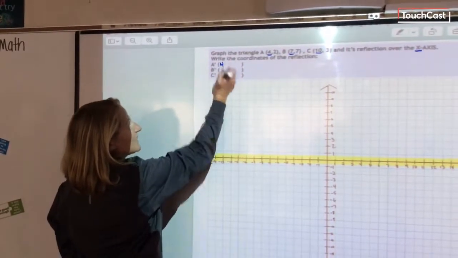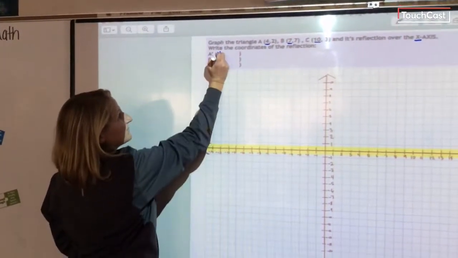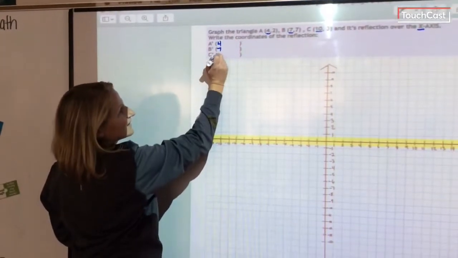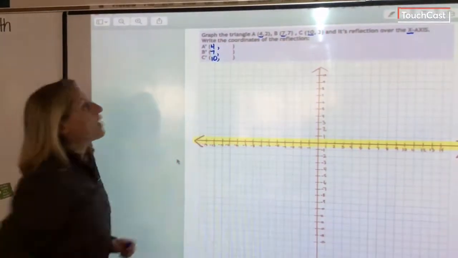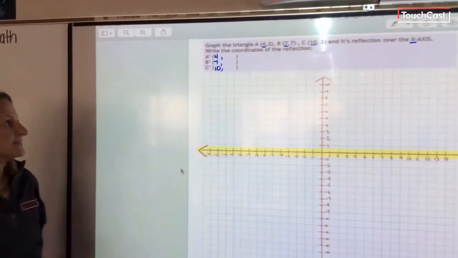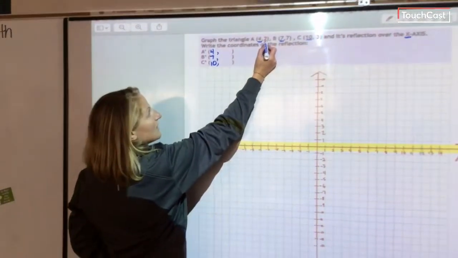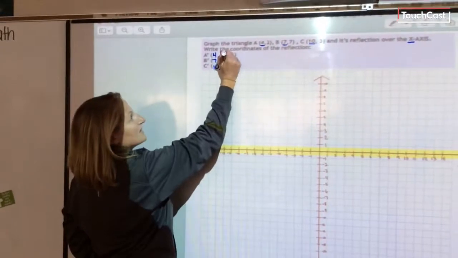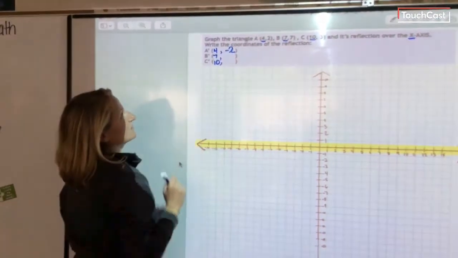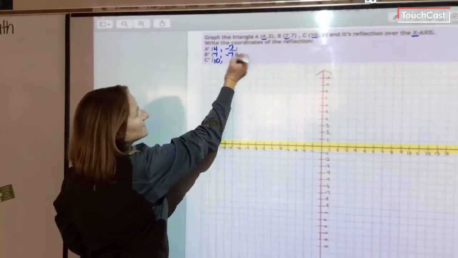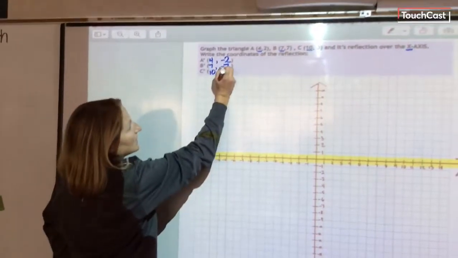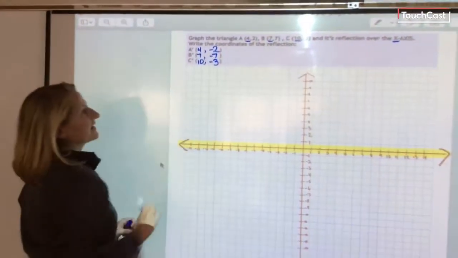So A prime, the x value is at 4, B prime, 7, and C prime, 10. Now the y value has to be the opposite. So in A, it was 2. The opposite of 2 is -2. B, it was 7. Opposite of 7 is negative 7. And C is 3, so the opposite would be negative 3.